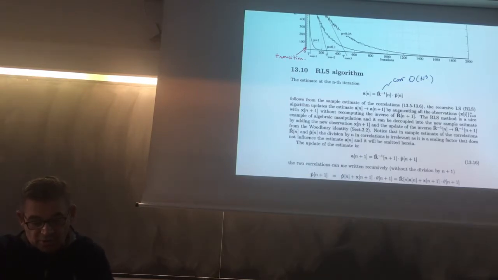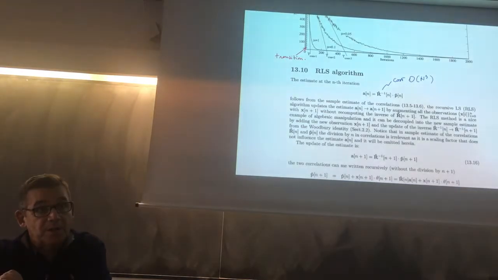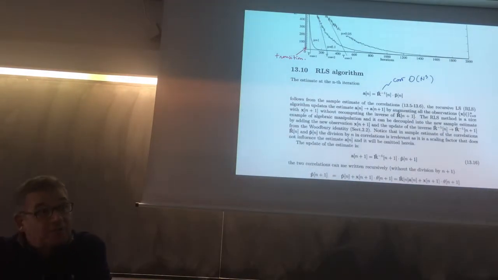Now, the recursive least squares method, which is the RLS algorithm, is shaped in such a way that rather than inverting the matrix R, I update the inverse. Okay, so what does it mean?